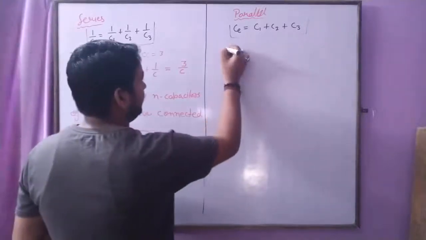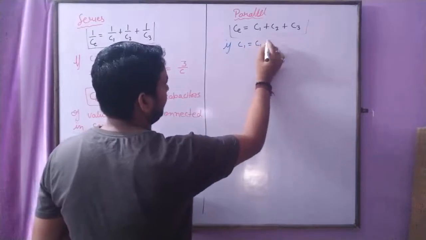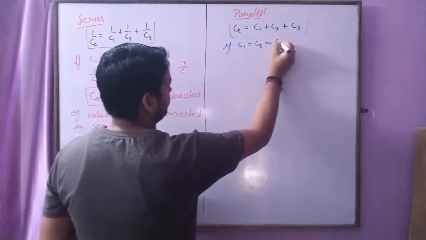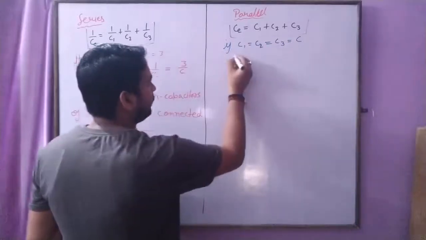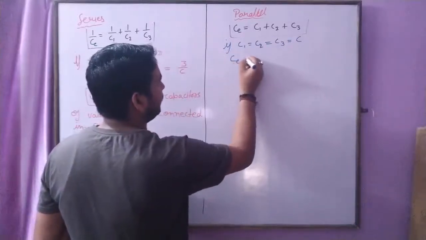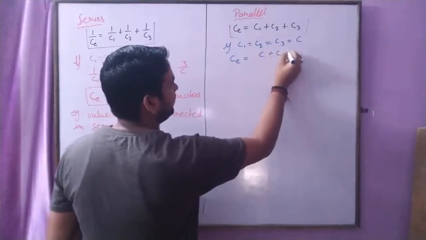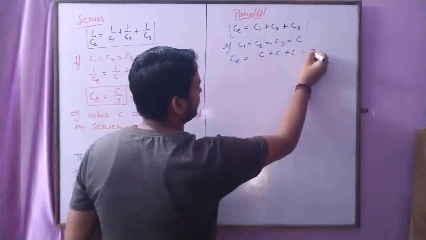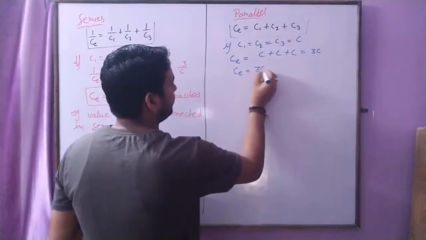Now for the parallel condition, if every individual capacitor C1, C2, C3 is equal to C, therefore C equivalent is equal to C plus C plus C, which is equal to 3C.